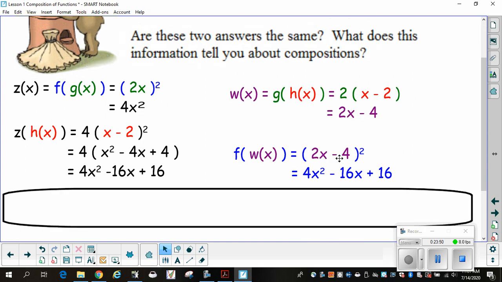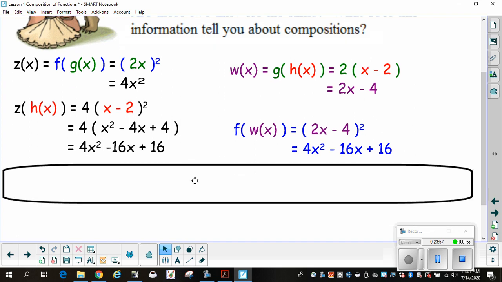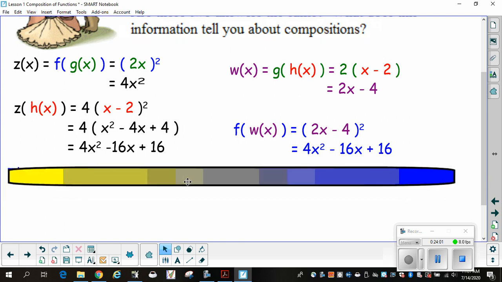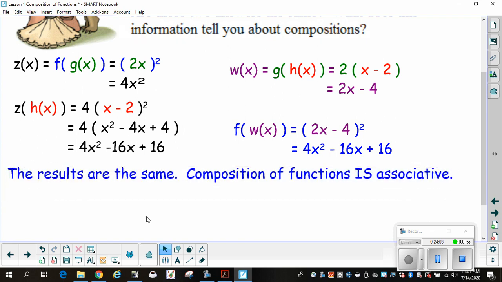So 2x minus 4 quantity squared winds up being 4x squared minus 16x plus 16. Now, at this point, the results are the same, and it appears that composition may be associative, meaning it might not matter which ones you do first as long as they go in the same order.